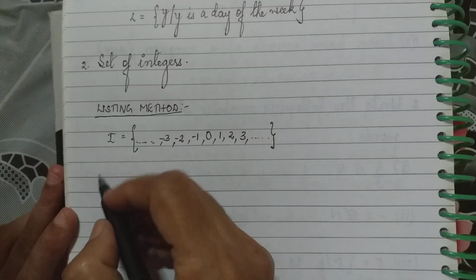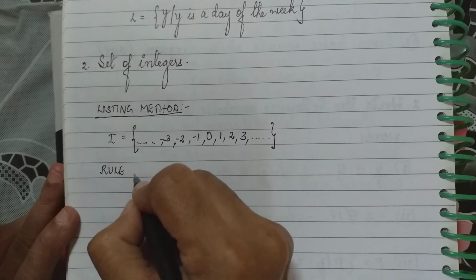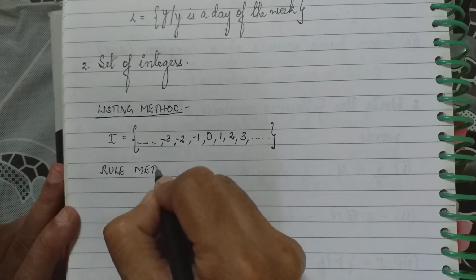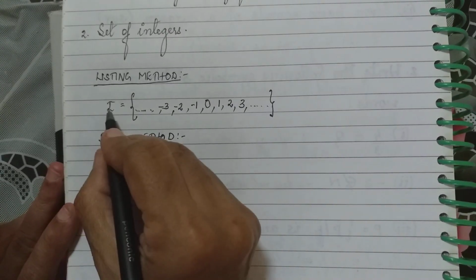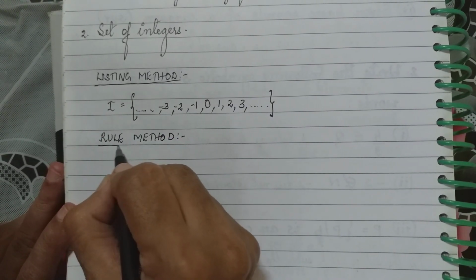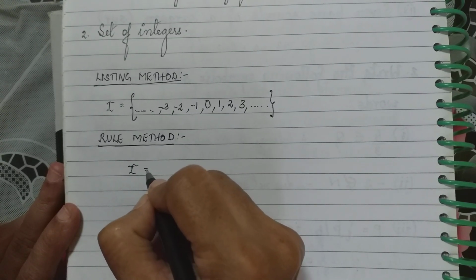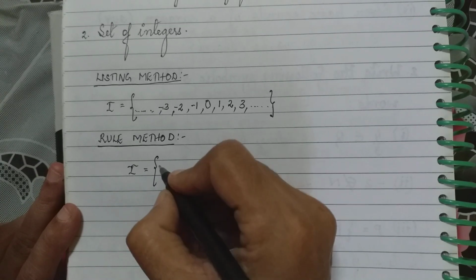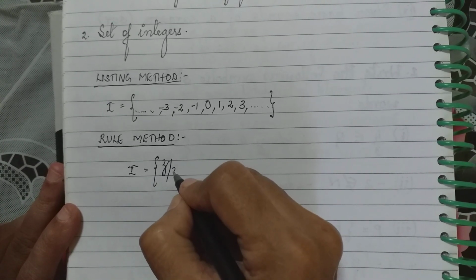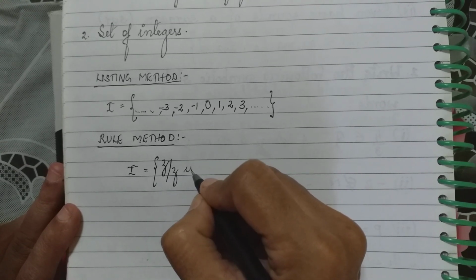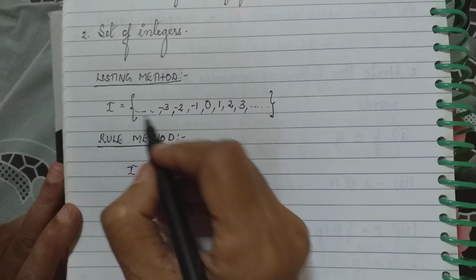The same thing if I want to write it by the rule method, how will I write? I use the same letter here, that is I. I is the set of all, now let me take here Z such that Z is an, what is it?